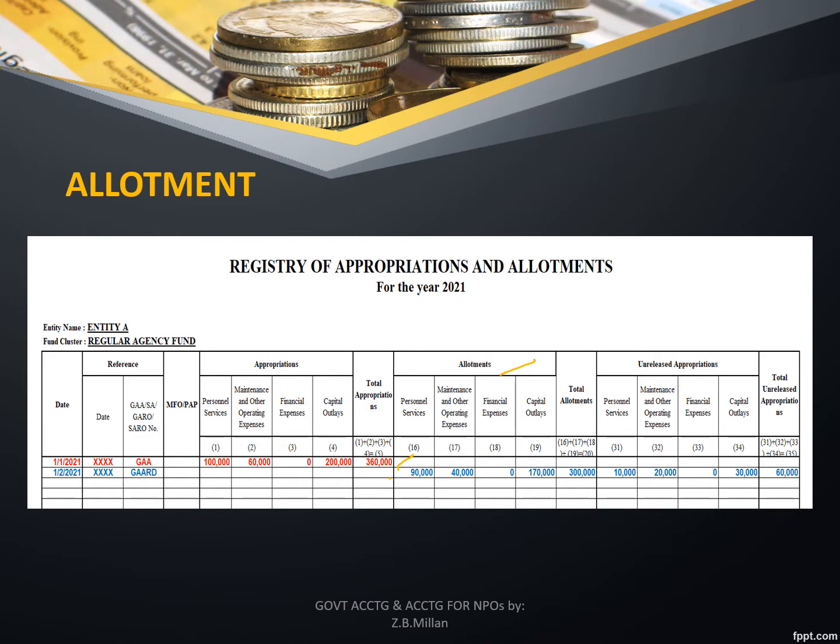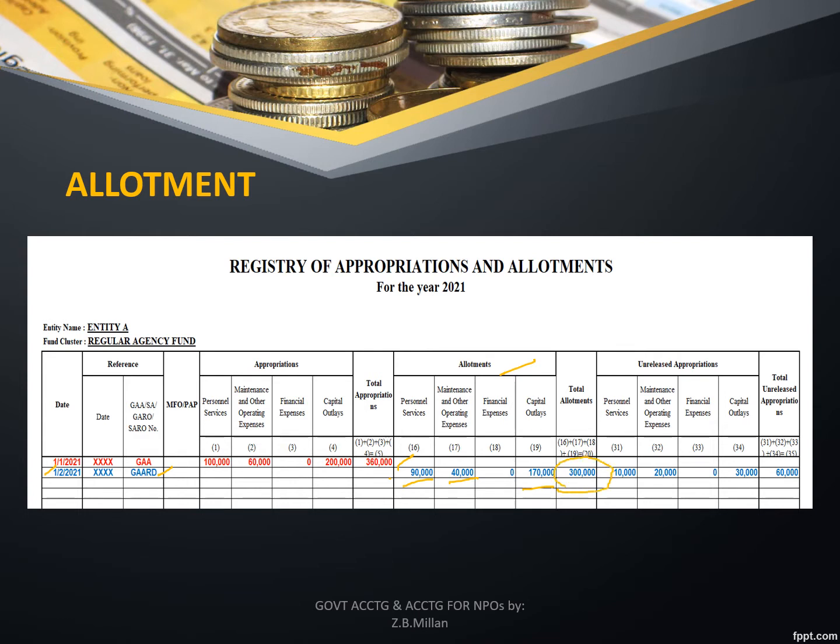Let's say, for example, on January 2 the allotment was received. Our legal basis for the allotment is the GARD, or what we call the General Appropriations Act as a release document. Our allotment received is 90,000 for PS, 40,000 for MOE, and 170,000 for capital outlay, with a total allotment of 300,000.